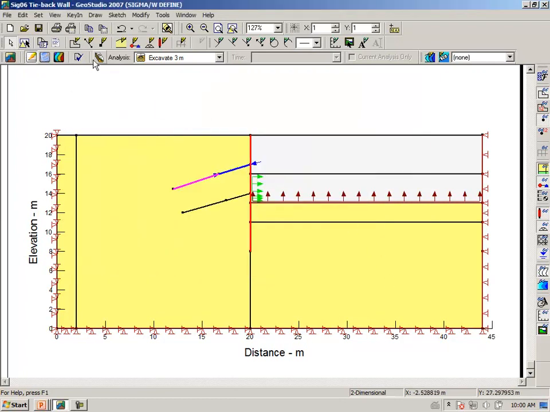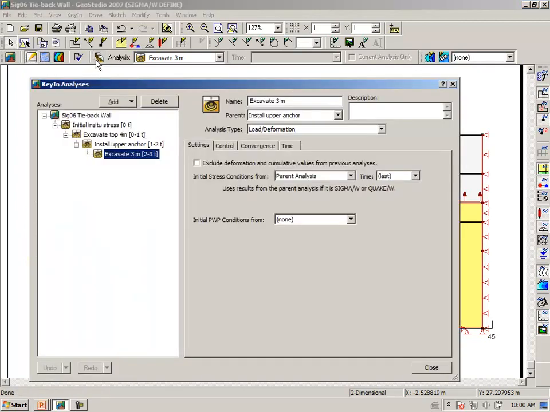Going back to key-in analyses, we now want to install the lower anchor. Once again, clone the most recent one, install lower anchor.